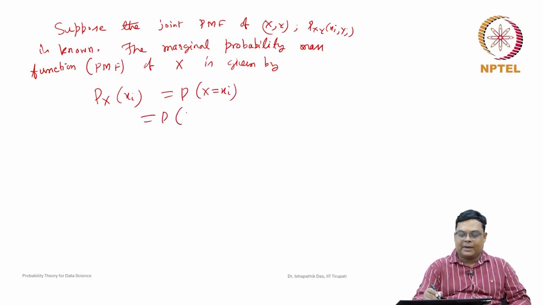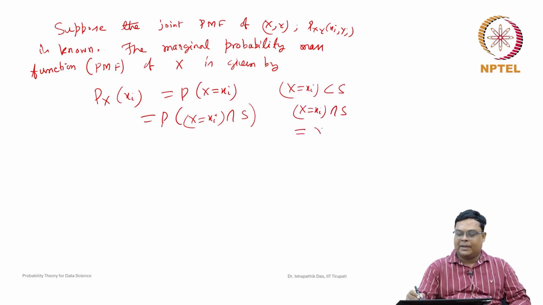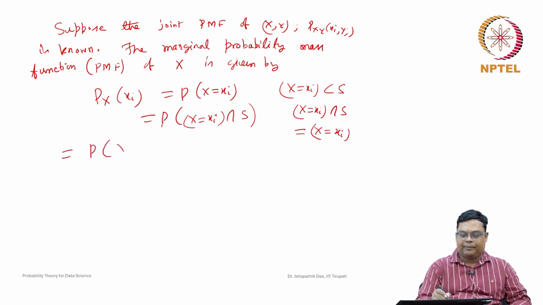Because X equal to x_i is an event, it is a subset of S. So, it can be represented by the intersection of S with the event X equal to x_i, which is just the event X equal to x_i.